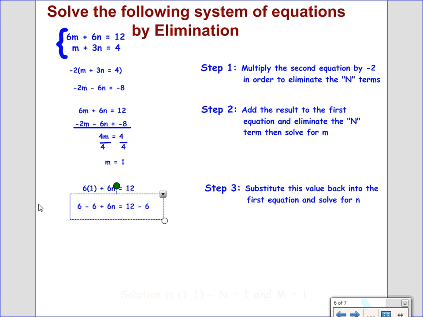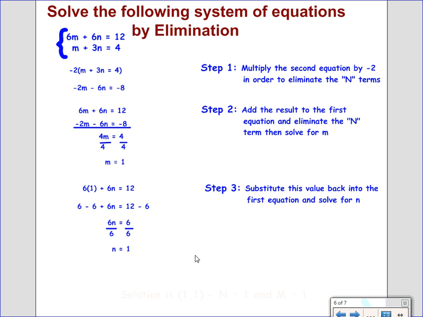I want to subtract 6 from both sides to isolate my n term. 12 minus 6 is 6. 6n equals 6. I want to divide both sides by 6. I find that 6 divided by 6 is 1. So n is equal to 1.